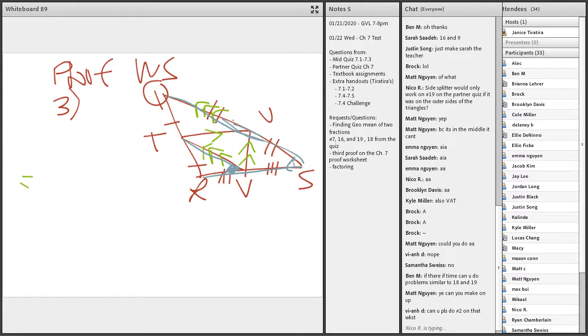So those are congruent. Okay, the blue dots are congruent. And then, let me see, those are parallel. And then I have this as my transversal. So I can say these 2 angles are congruent as well. Sorry, it's getting very messy.